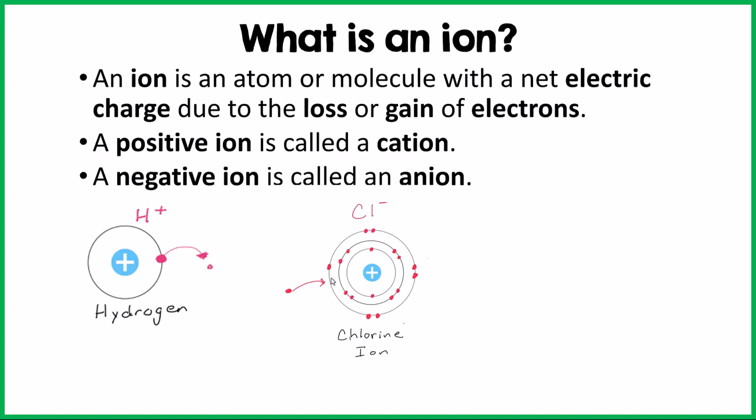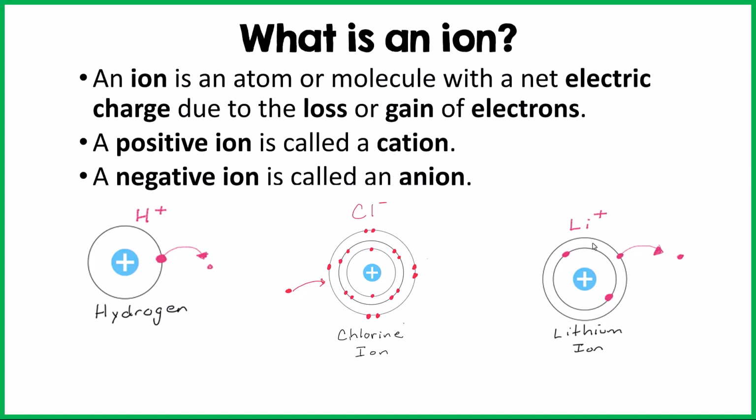If chlorine gains an electron, like it did in the previous slide, it becomes a negatively charged ion or an anion. And if lithium loses an electron, it becomes a positively charged cation, which we write as Li+.